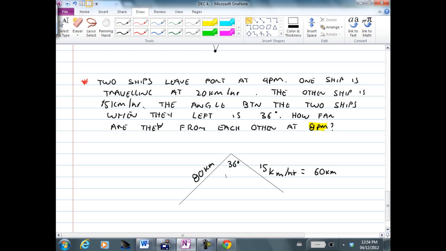Oh, no, not 8 hours. 4 hours, because from 4 p.m. to 8 p.m. And this is the actual formula that shipping captains use. So what they're really looking for is X. And right off the bat, you should be able to figure out what formula you're going to use.